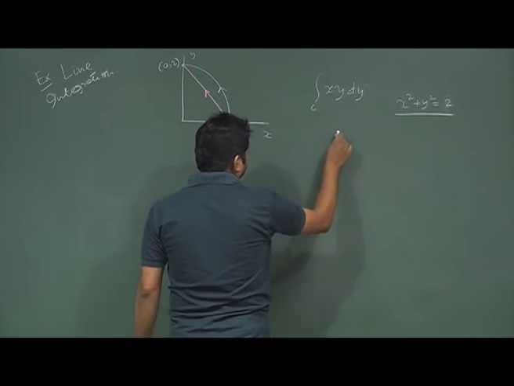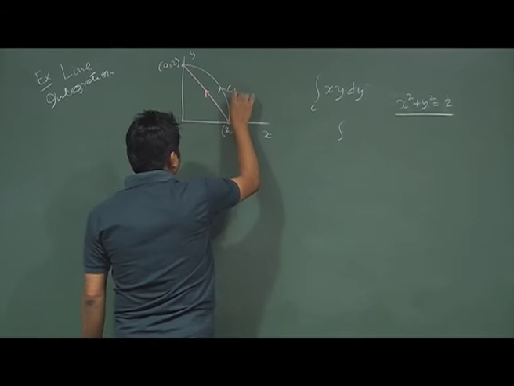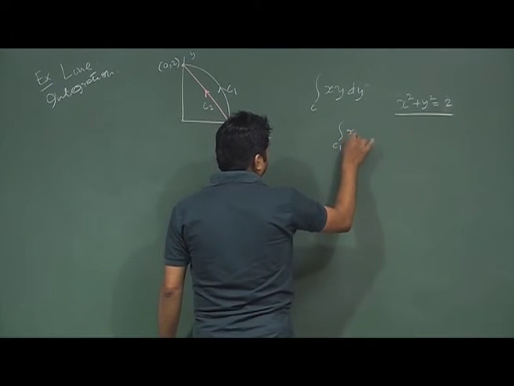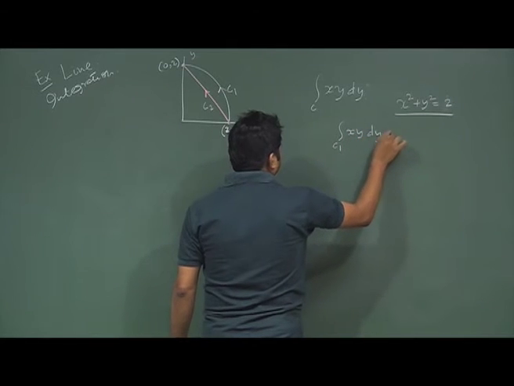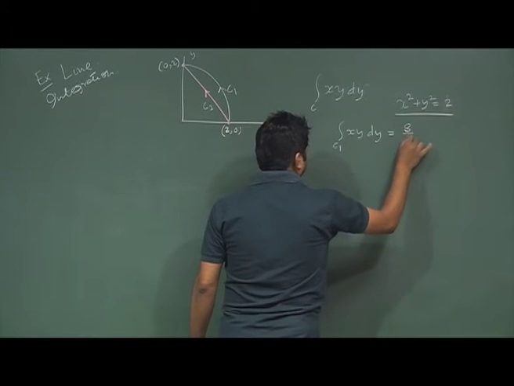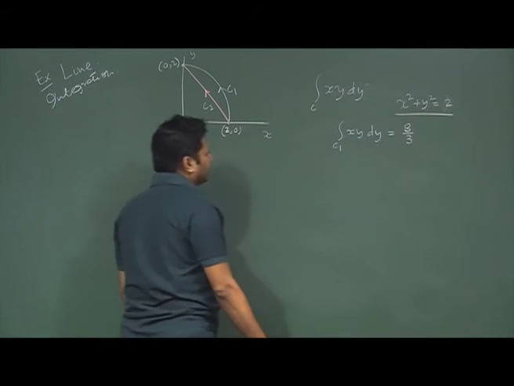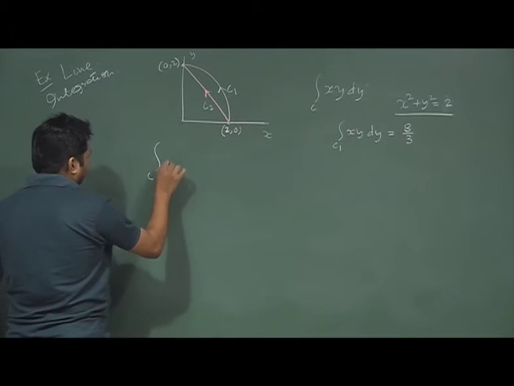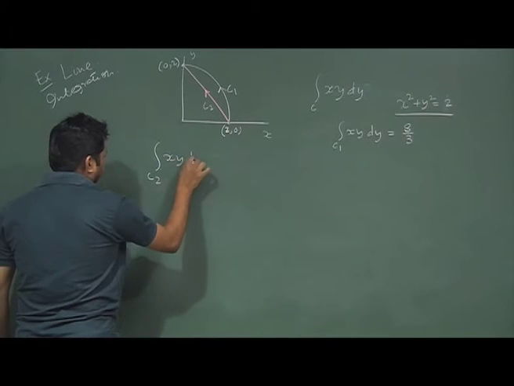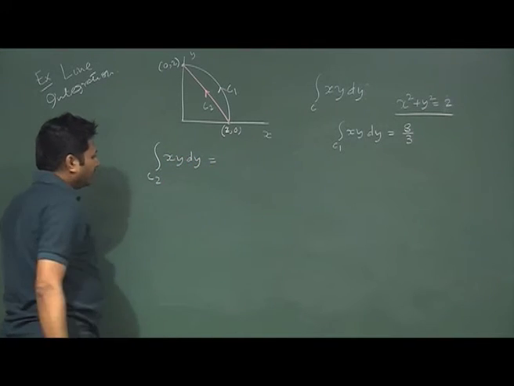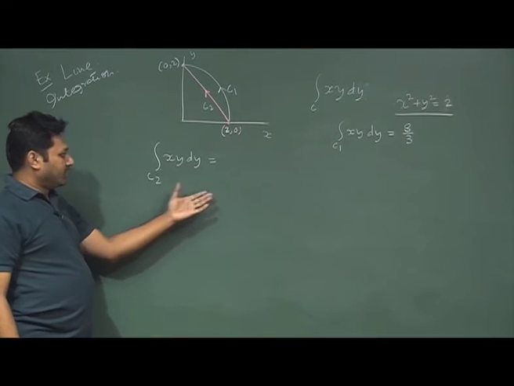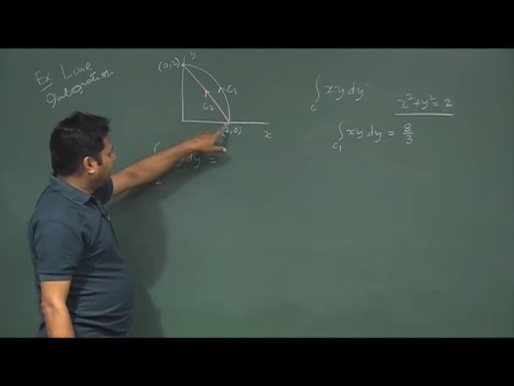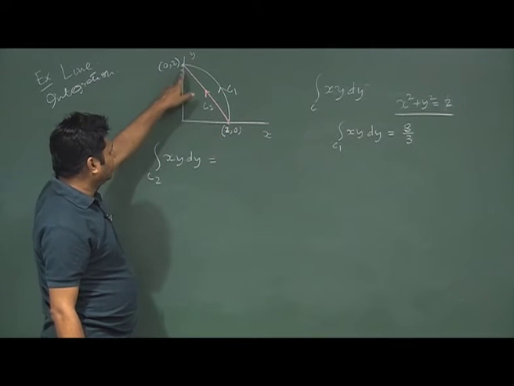So in the first case, if this is my C1 path and this is the C2 path, I calculate the integral over C1 of xy dy, which comes out to be 8 by 3 when the path is defined like this. Now I am doing this problem, xy dy. Now try to find out what should be the value of this. Since you have already done these things, I believe it is straightforward for you to find this.